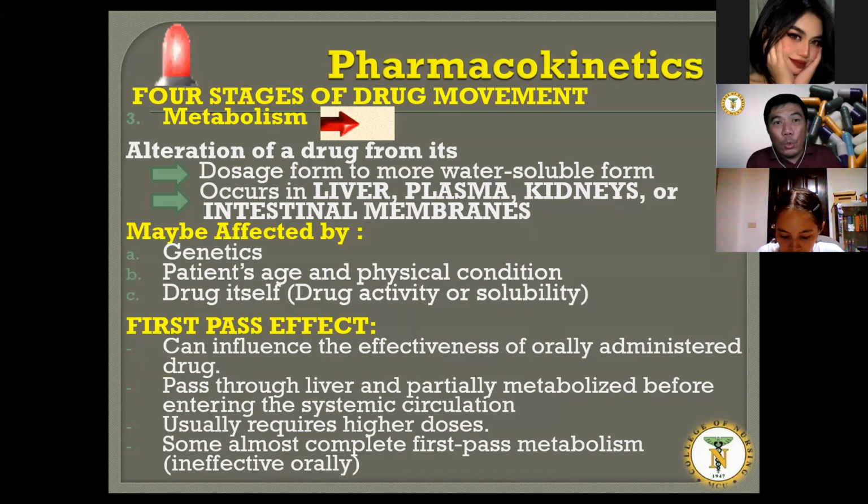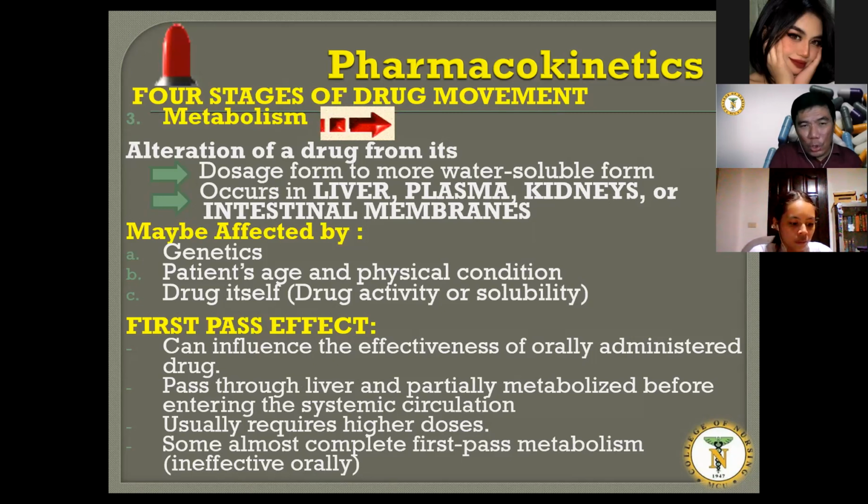What about distribution? With distribution, it starts with systemic circulation, then into tissues. So we even emphasize, di ba, if it is across tissues, it is referring to absorption. If it is into tissues, that is referring to distribution.